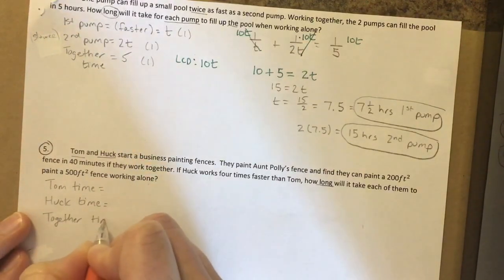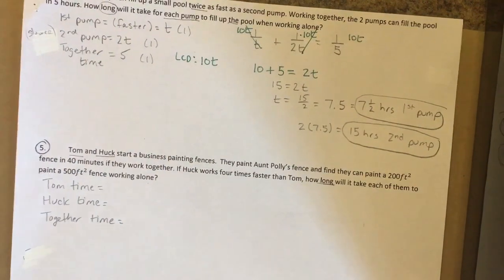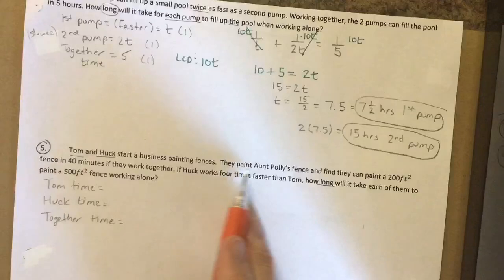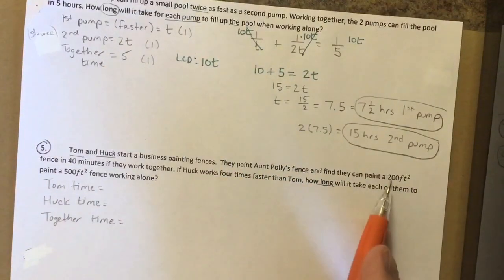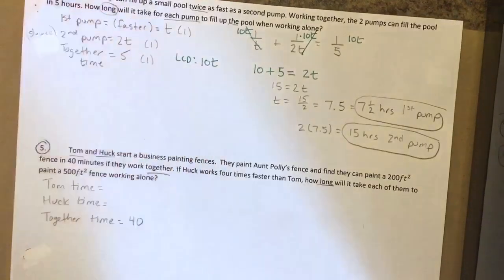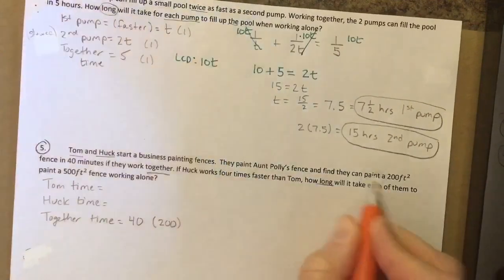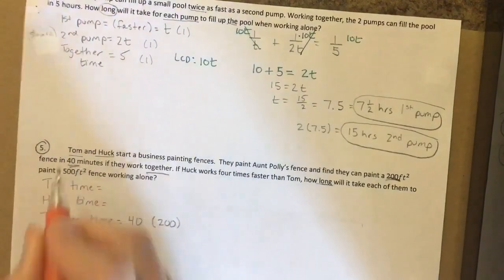Time. What do we know? We know they can paint Aunt Polly's fence, 200 square feet in 40 minutes if they were together. That's for how much though? 200 square feet.